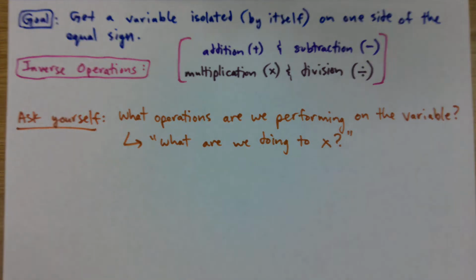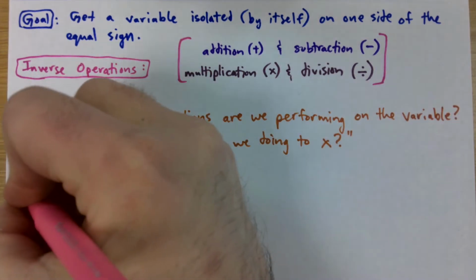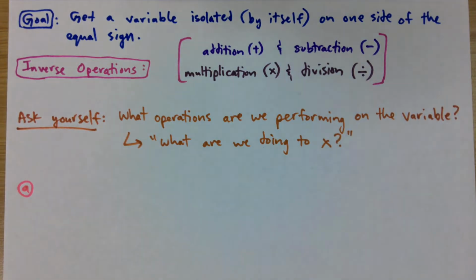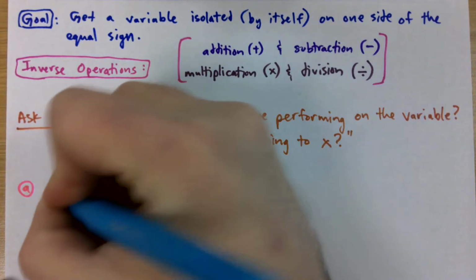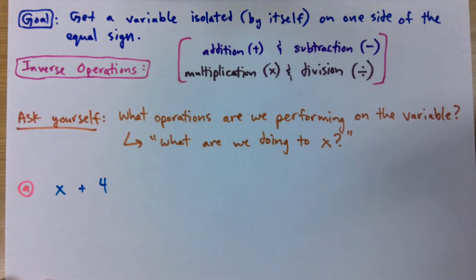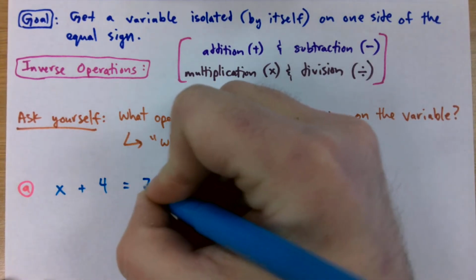So let's take a look at an example here. We'll go example A. And let's say it's going to be x plus 4 equals 7.